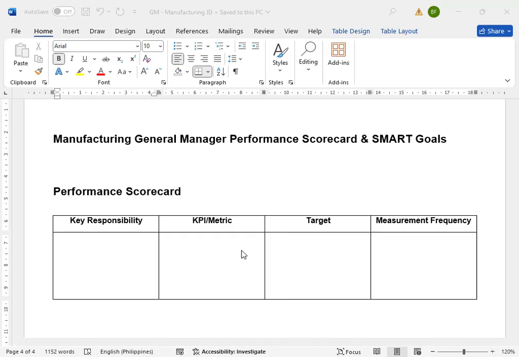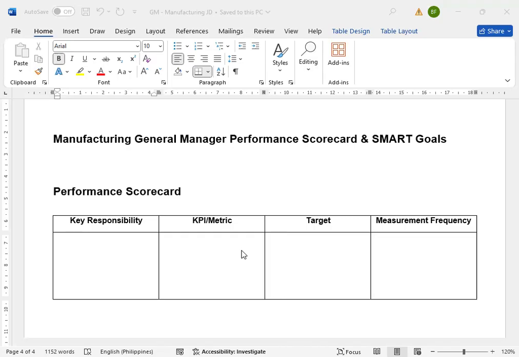This is a very important tool that this manufacturing general manager can use to show his bosses, the CEO and the COO, that he's on the right path, and he's working on the right products that he's supposed to produce and deliver on time to customers.